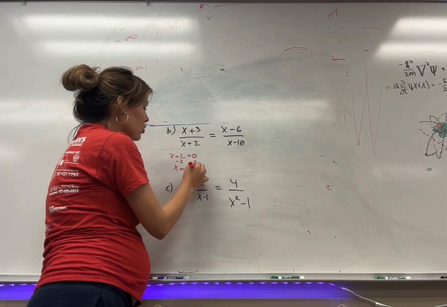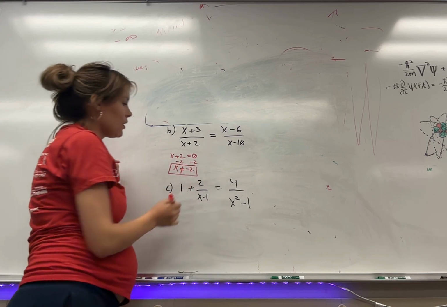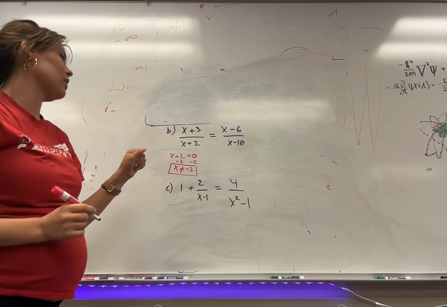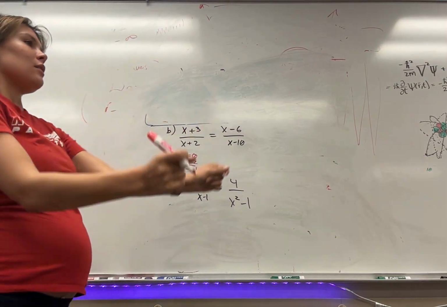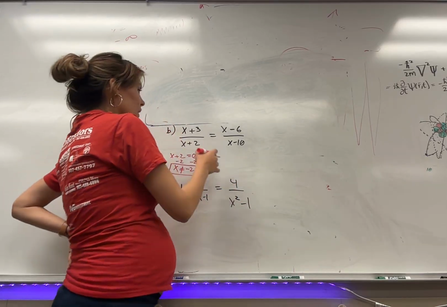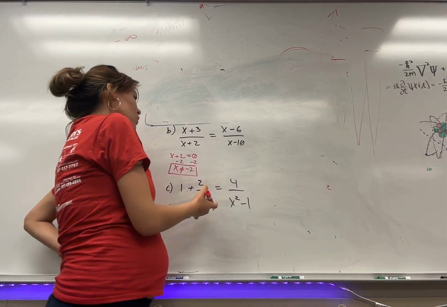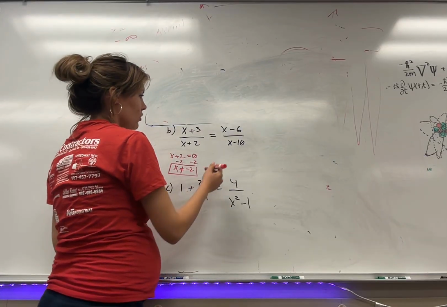X equals negative 2 is not allowed. And we can write that by just doing a line through there. X does not equal negative 2. If x were allowed to equal negative 2, we would have division by 0. Division by 0 is illegal, so we can't do that. If we find that we have a solution where x equals negative 2, that would be an extraneous solution, and it's not allowed. You'd have to note that.